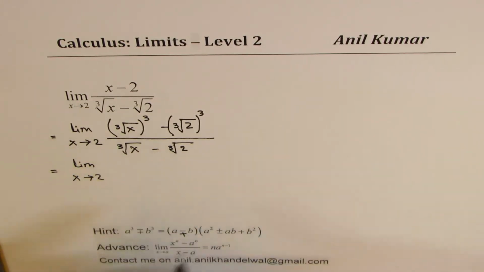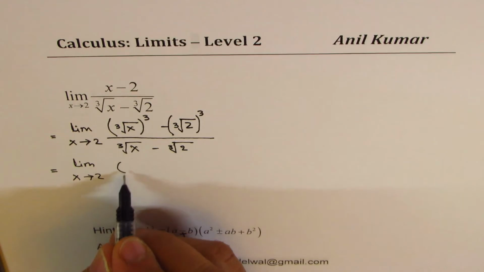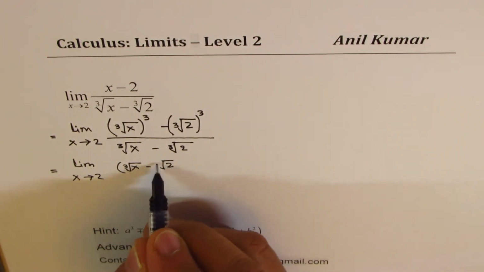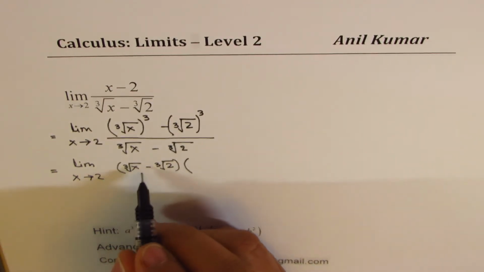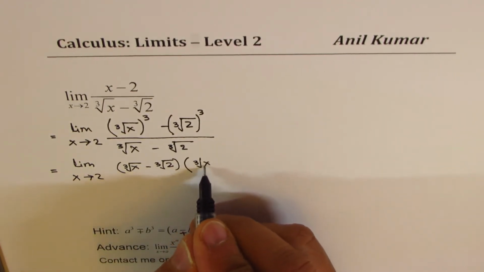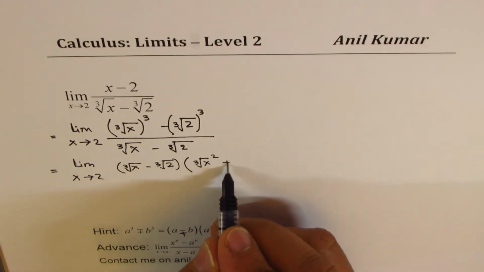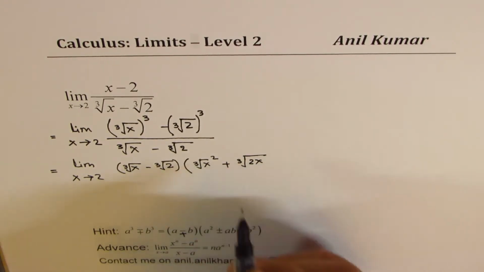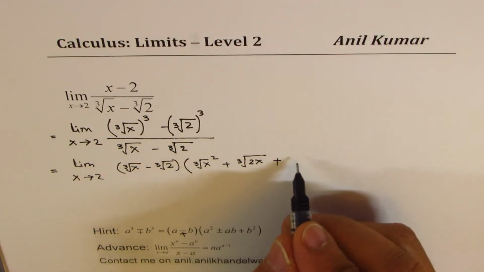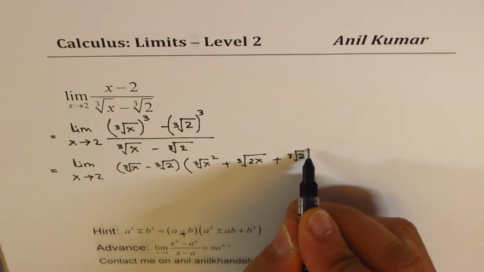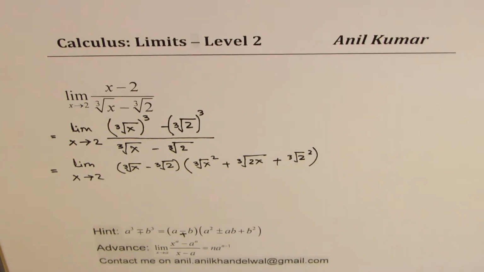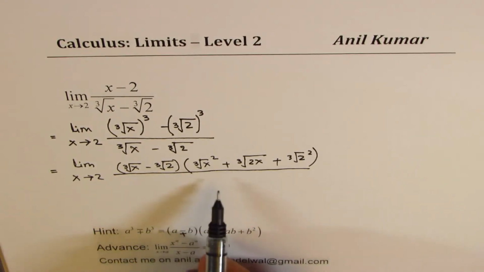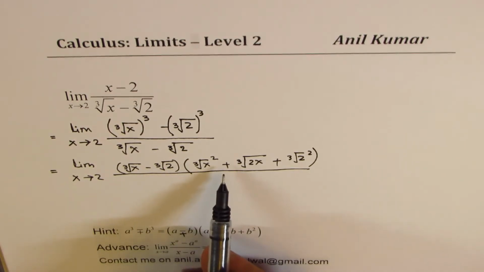So we get a minus b, which is cube root of x minus cube root of 2, times a square, that means cube root of x squared, plus the product of these two, which is cube root of 2x, just multiply x with 2, plus the square of the next term, which is cube root of 2 squared. Now, at times it becomes difficult to work with radicals. I hope with the examples I've taken up, that should not be so difficult.